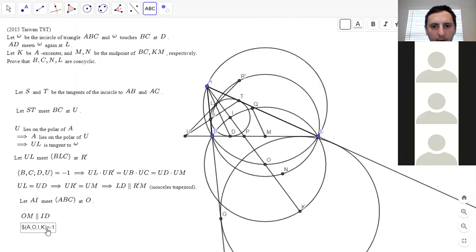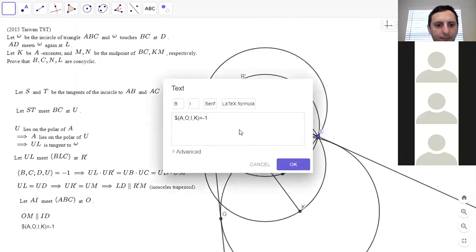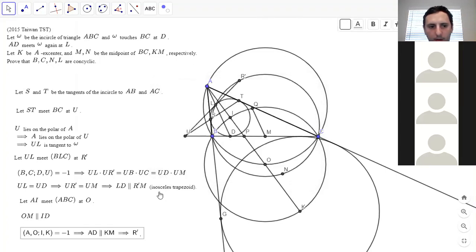I'll just say that implies that LD is parallel to KM. And so then that implies R prime, M and K are collinear.